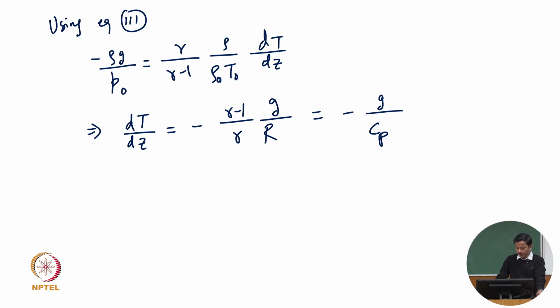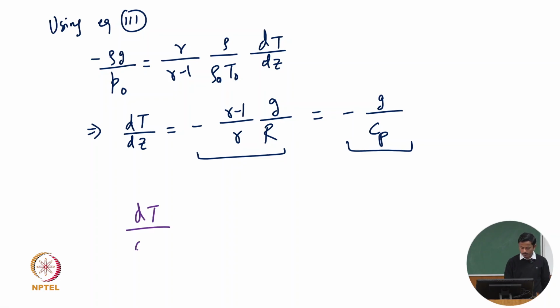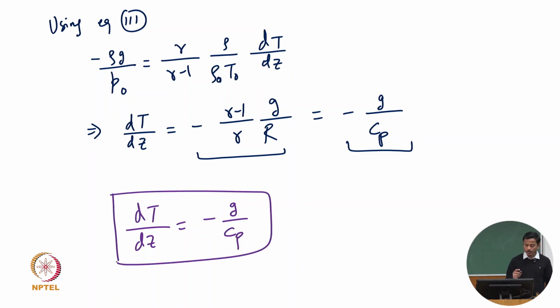So by this relationship, we can substitute this term to be equal to minus g by Cp. So the temperature difference in the atmosphere, where the parcels have the same internal energy, must decrease with increasing height by this ratio g over Cp. Okay, so remember what approximations we took.